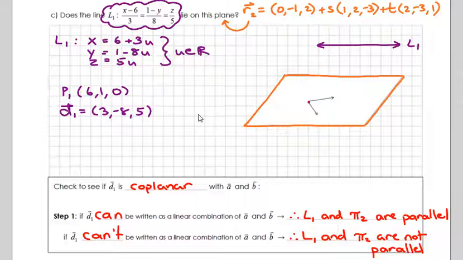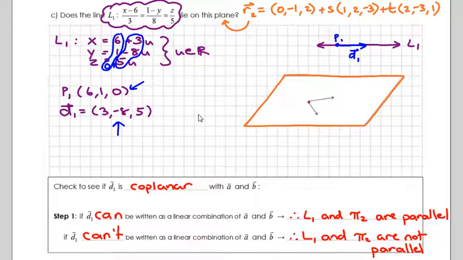There's a 0 plus right there, and so the 6, the 1, and the 0 are my position vector for the line, and then anything in front of a u is my direction vector for that line. So you have a point and also a certain direction.